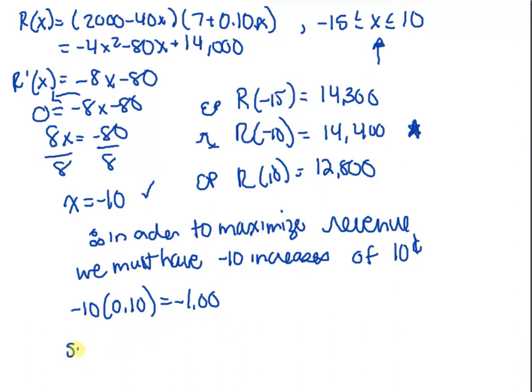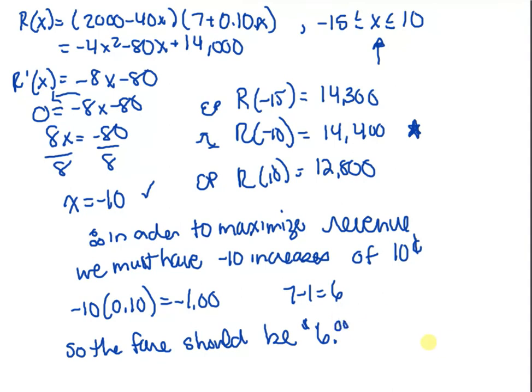So the fare should be, well, our original fare was 7, subtract the 1, $6, for a revenue of $14,400.